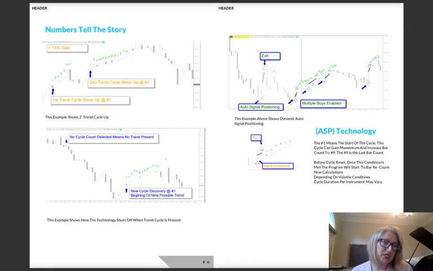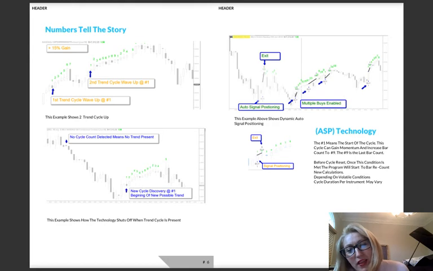Like the numbers stop when it's just like, all right, it went up 1, 2, 3, 4, 5, 6, 7, and then it just stopped. The cycle went down, and then the cycle started up again. So then the picture below is no cycle count detected, means there's no trend present. And then you see on the lower left-hand corner, it says new cycle discovered at number 1, beginning of a new possible trend. Right?